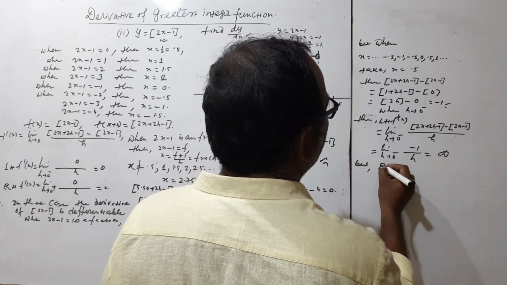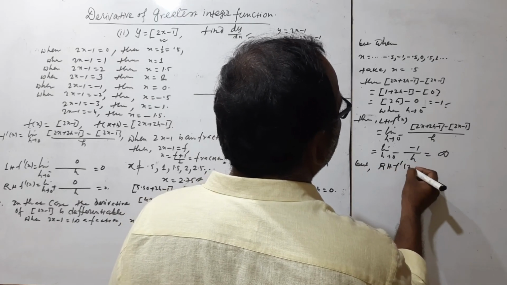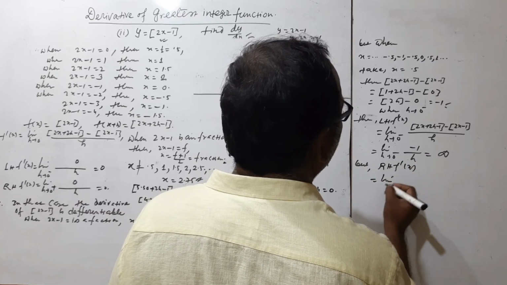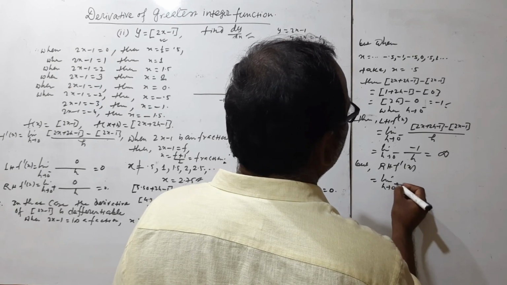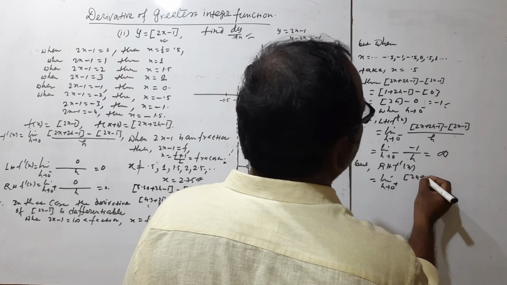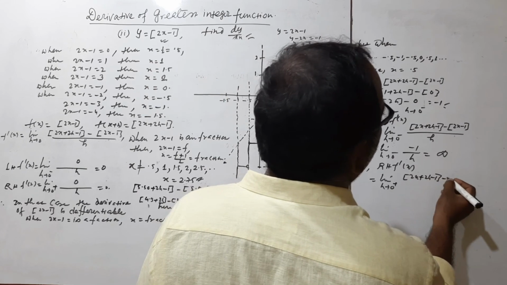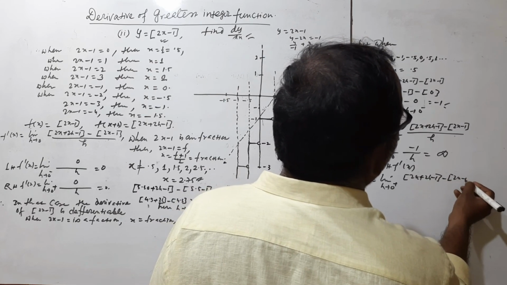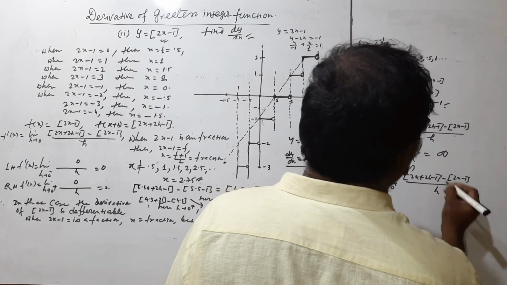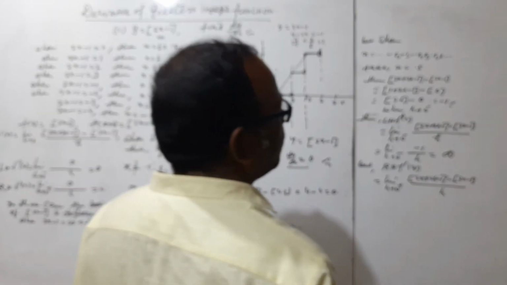But the right hand f dash x is equal to limit h tends to 0 plus box twice x plus twice h minus 1 minus twice x minus 1 over h. This is plus.